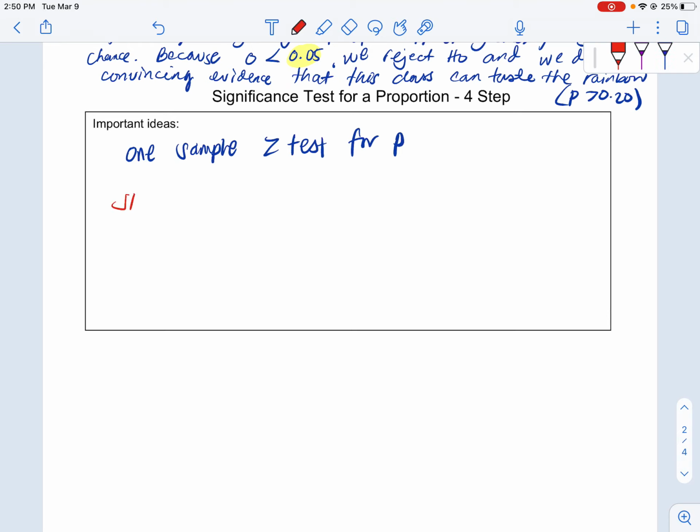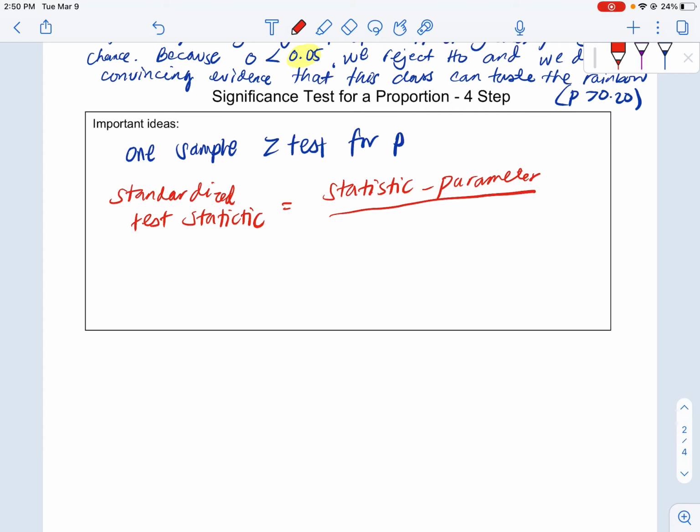We have the standardized test statistic, which is technically just a z-score, equals the statistic, or the sample proportion, minus the parameter, that's the mean, over the SD. So z equals p hat minus p over, please take note, we are using p at the bottom, not p hat.